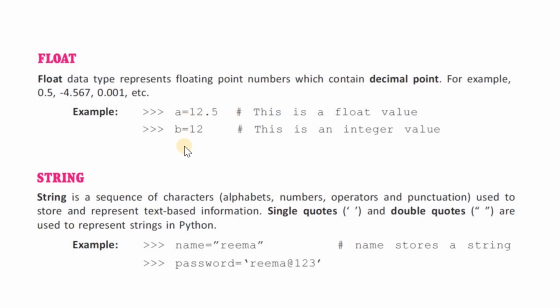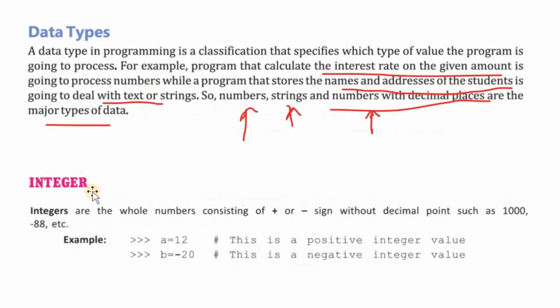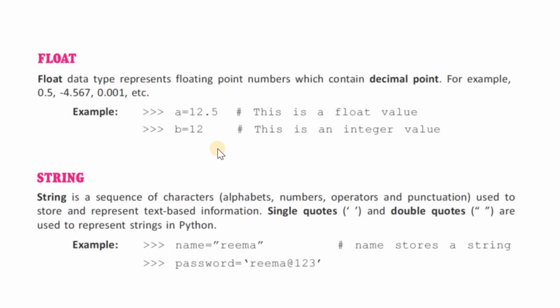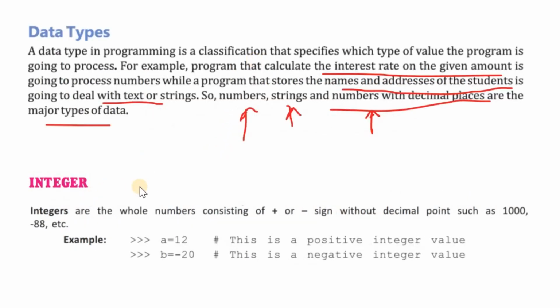Decimal numbers like this, a equal to 12.5. So this is a float value, right? Now, 0 can be written both as an integer as well as a float. In float it will be 0 point, whereas in integer it will be just 0.